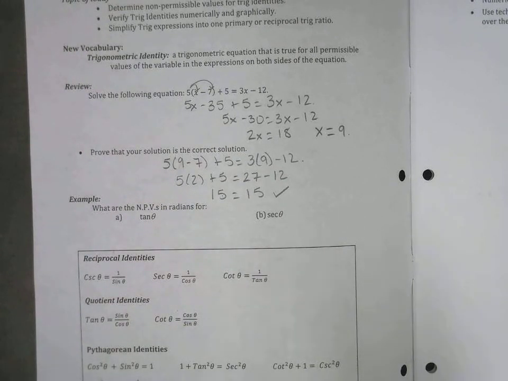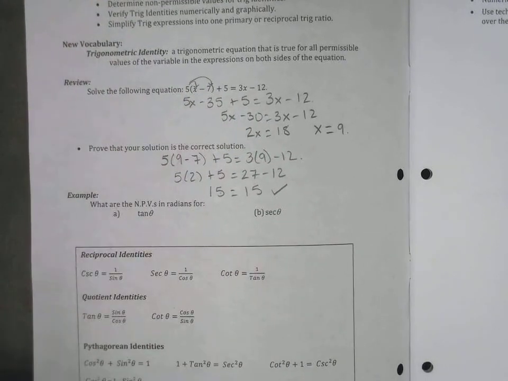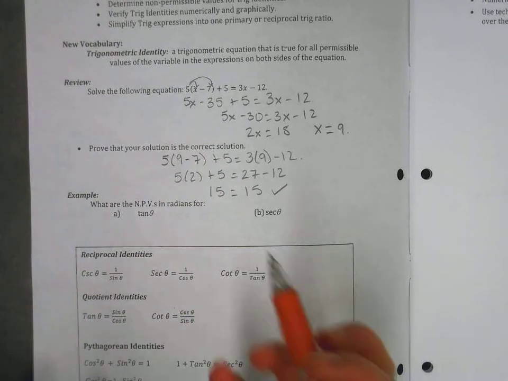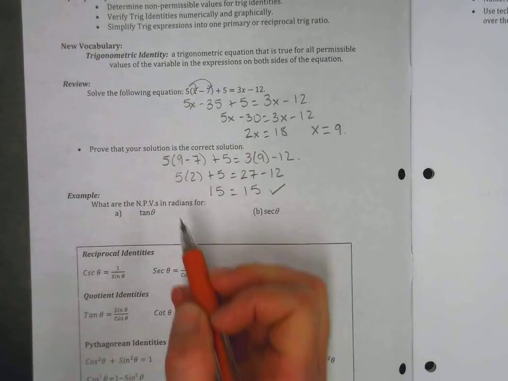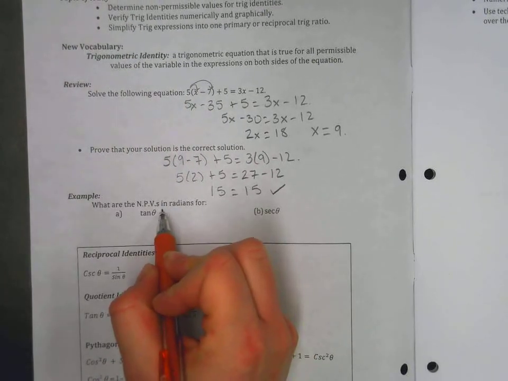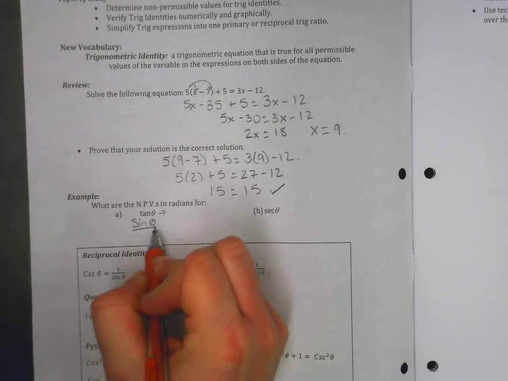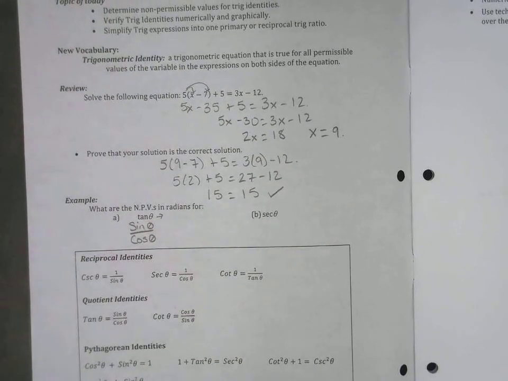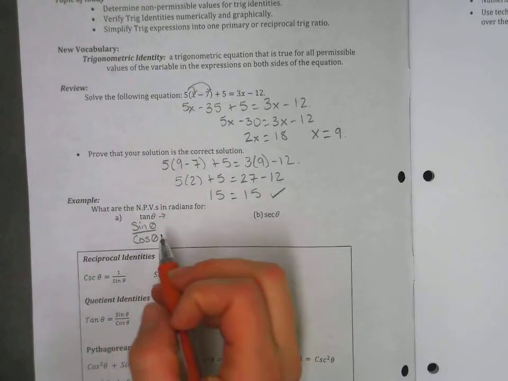When we think about the tangent function, because tangent can be written as sine of theta over cosine of theta, as a fraction or division statement, we know that the expression in our denominator cannot equal 0, because if I take sine of theta divided by 0, I'm going to get an undefined value.